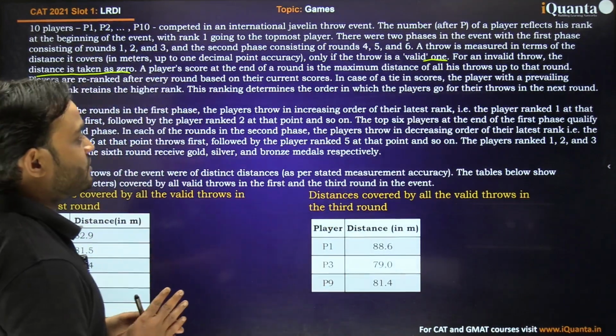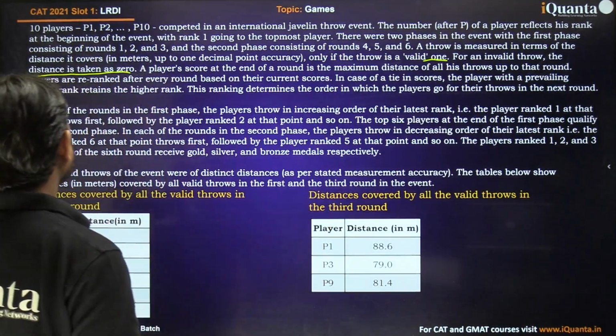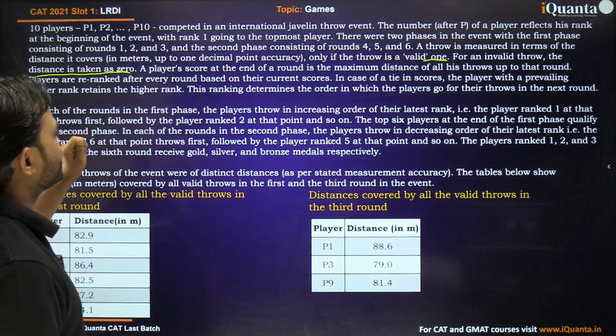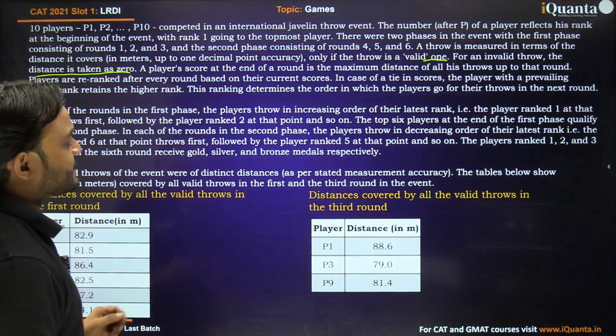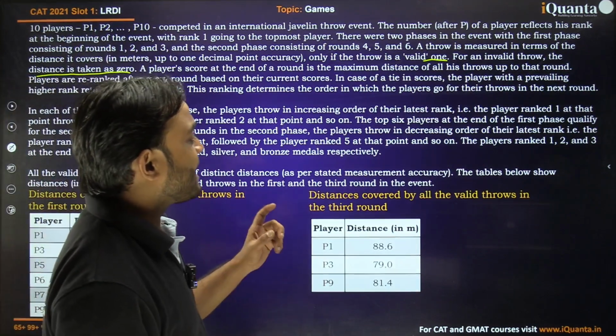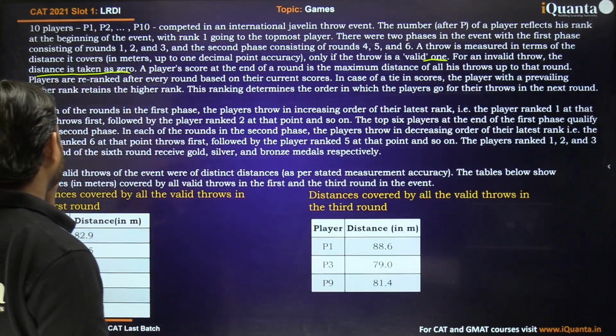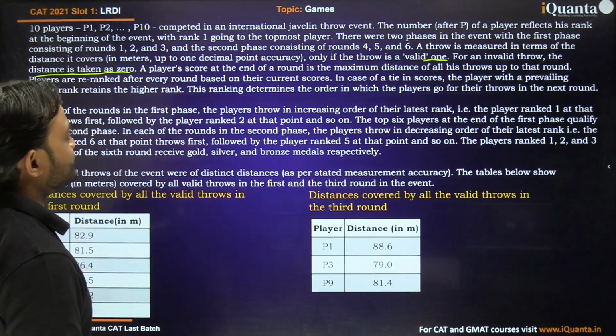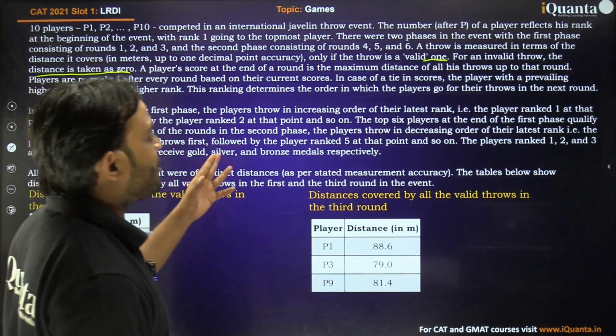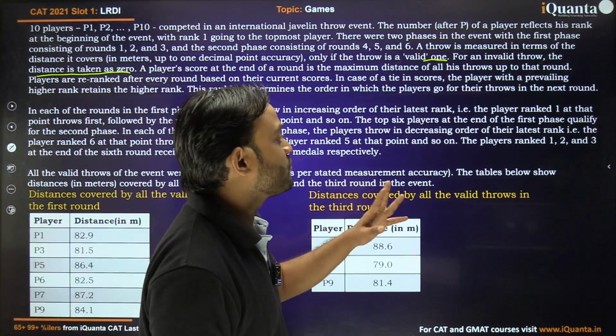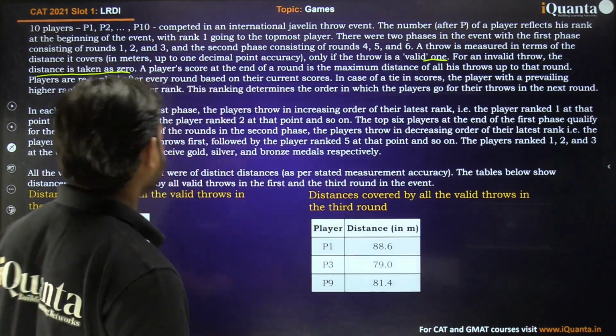We will always take the best throw. Players are re-ranked after every round based on their current scores. In case of a tie in scores, the player with the prevailing higher rank retains the higher rank. This ranking determines the order in which the players go for their throws in the next round.